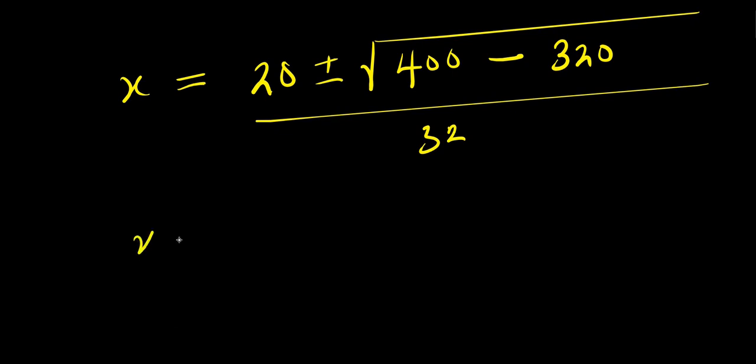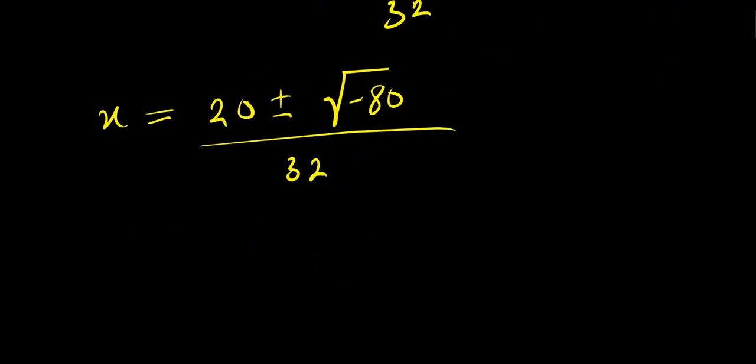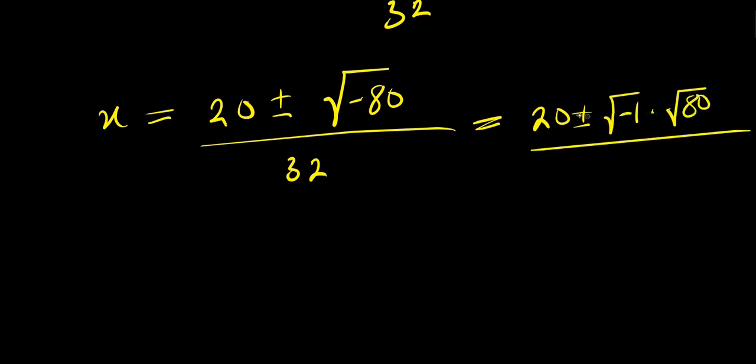So from here, we have x equals 20 plus or minus square root of negative 80, divided by 32. It simply equals 20 plus or minus square root of negative 1 times square root of 80, divided by 32.